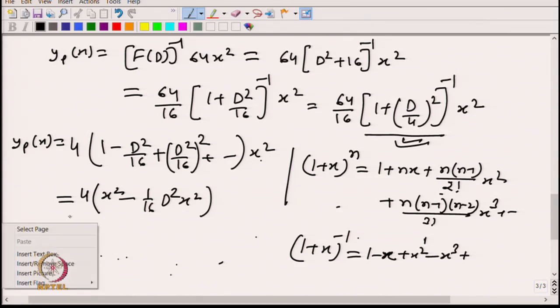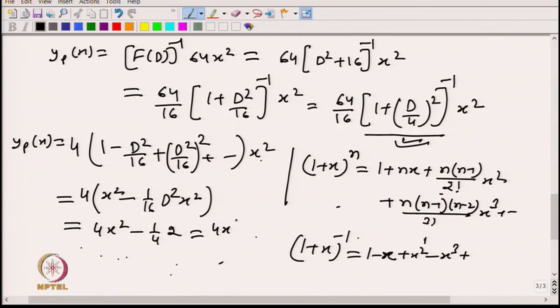So, from here I will get 4x square minus, and this will be 1 by 4 and it will be 2. So, this will be 4x square minus half.